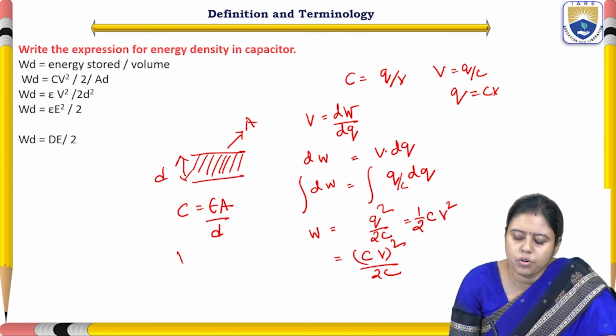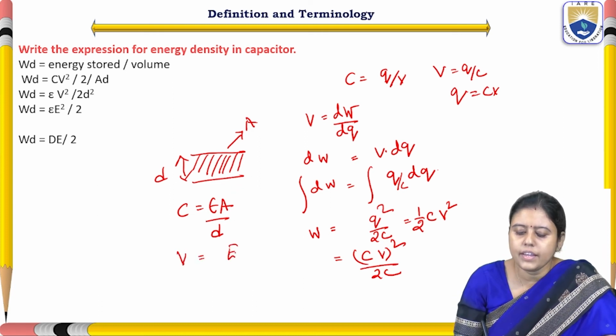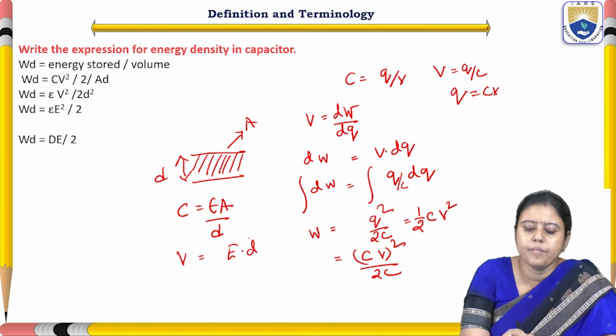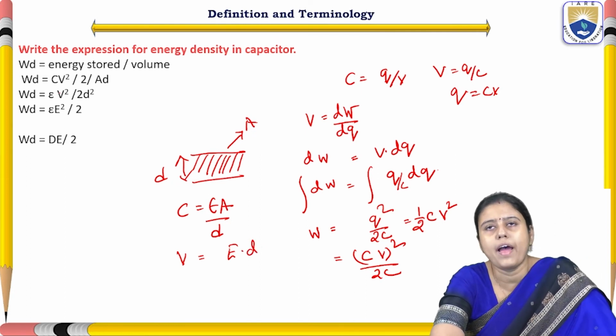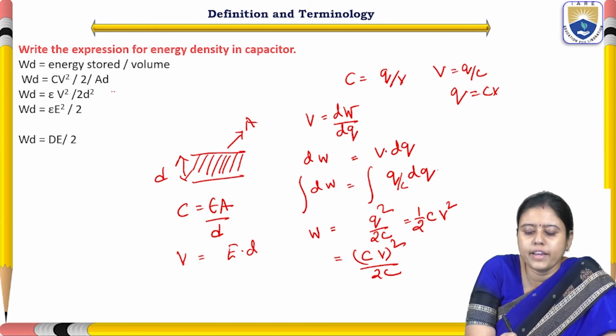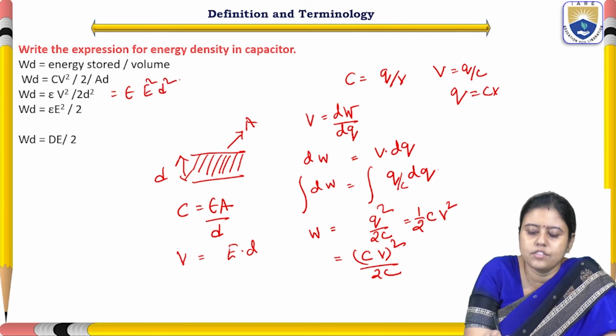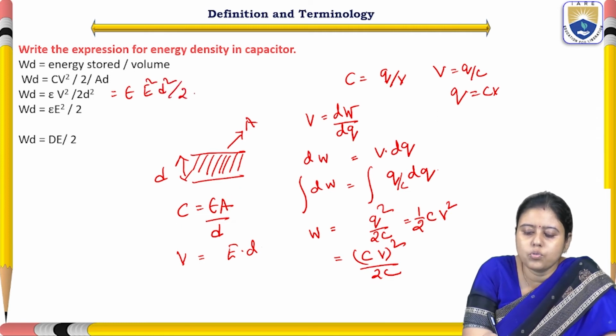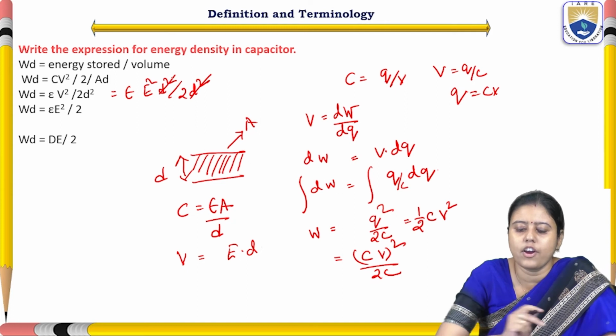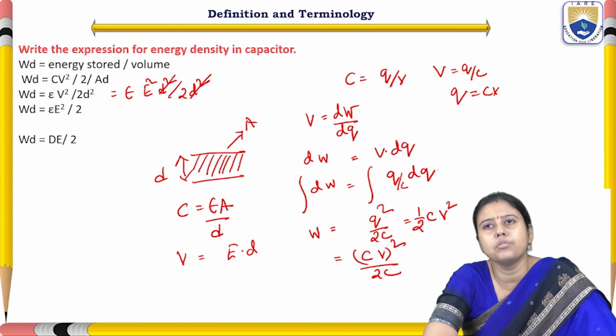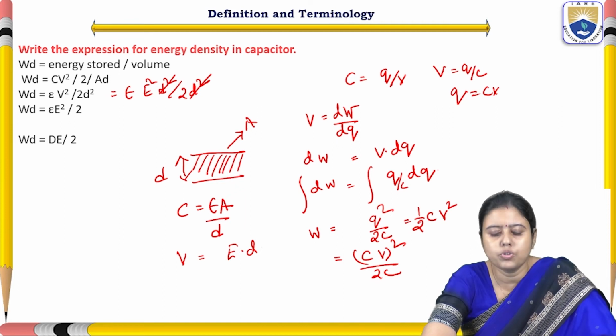Again, we know V is equal to E into D. If we substitute the value of V with E into D, we will get epsilon E squared D squared by 2D squared. So D squared will cancel out and we will get epsilon E squared by 2.